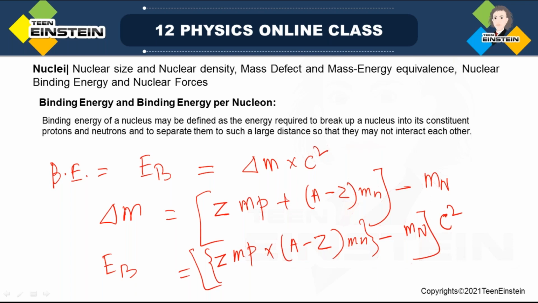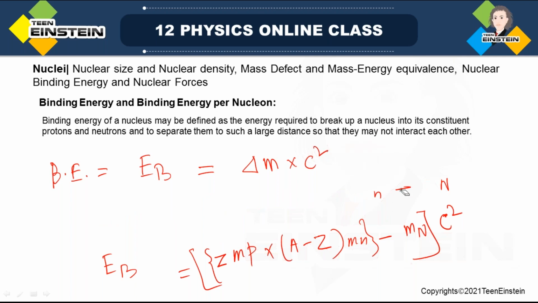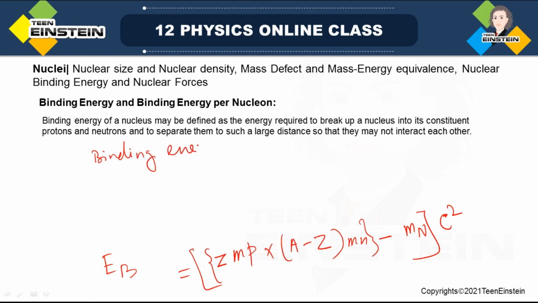Now what is binding energy per nucleon? Binding energy per nucleon is given by binding energy divided by mass number.